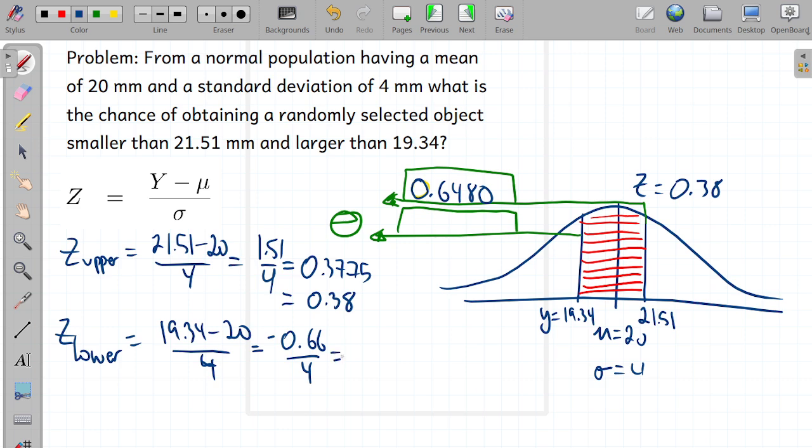And this is another one that's going to require rounding, it looks like: negative 0.165. Don't forget your negative sign. I'm just going to verify that. Yeah, 0.165. There we go. So this is going to round to negative 0.17. Let's label that.